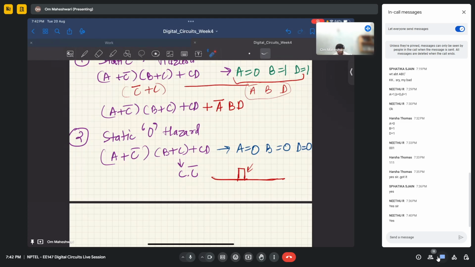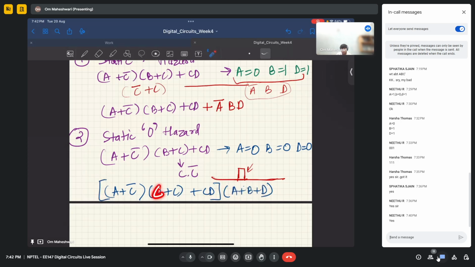So what we will do here, we will take this whole expression A plus C bar, B plus C plus CD. Then we multiply it with some function, so simply A plus B plus D. So whenever A, B and D, all three are 0, this whole function will be multiplied to 0.